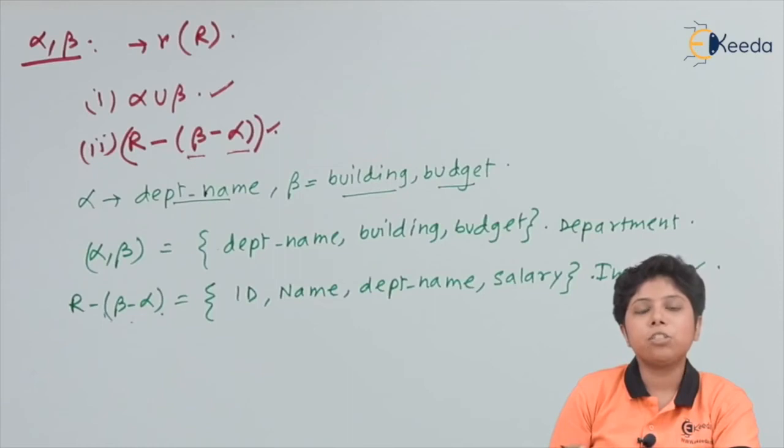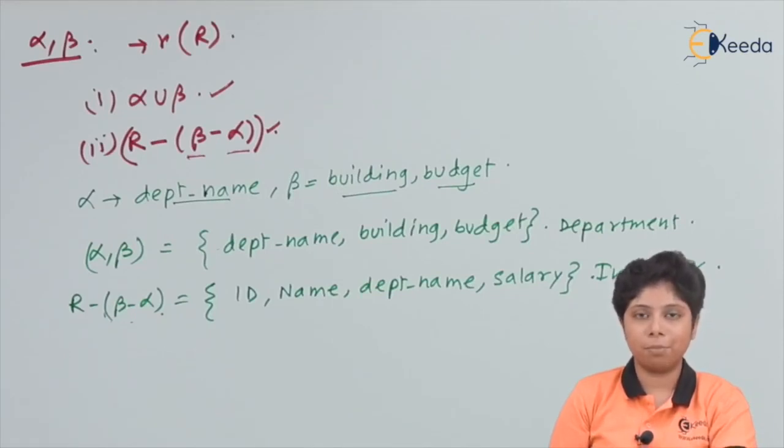Now, what about the dependency preservation in BCNF? Well, the dependency is not preserved in any case other than the primary key dependency in BCNF. Let us look at this example first.